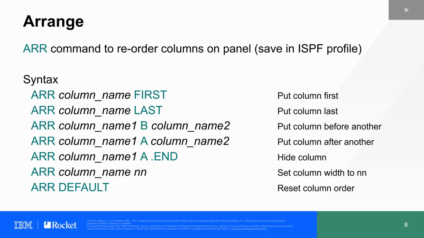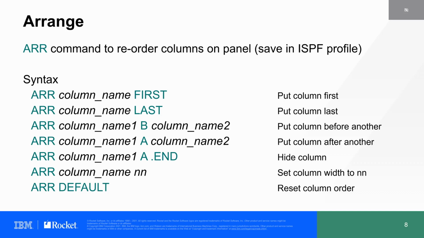So we now encourage people, if you do want to change the default order, to use the ARRANGE command, which is saved in your own personal ISPF profile. There are a few things you can do here. You can arrange a column first, and that'll be first after the fixed field. Arrange it last, obviously. You can arrange one column before or after another, or a new thing that came in 2.5, maybe 2.4, I can't remember which, where you can hide a column.